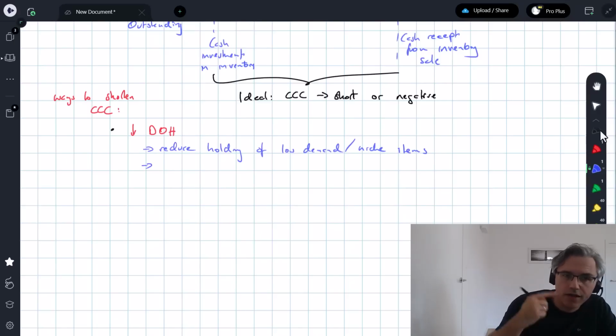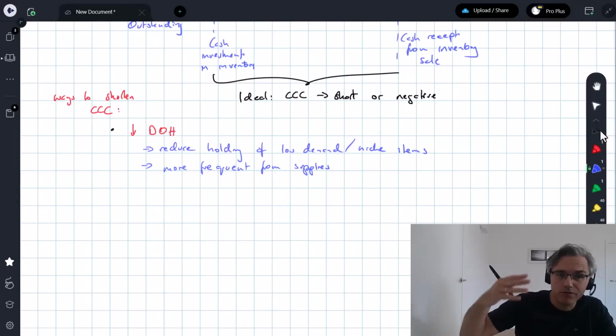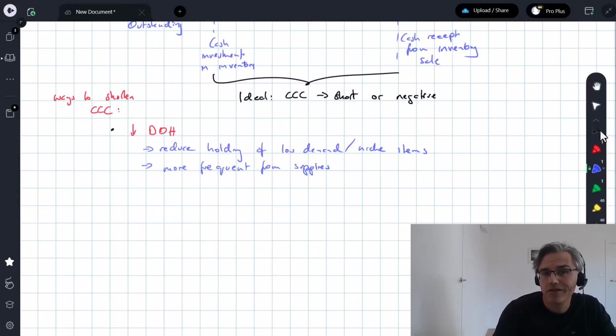Hold stuff that rotates a lot quicker, turns over more quickly. Get more frequent supplies from your suppliers, instead of ordering huge amounts, which then means you've got money frozen up in inventory that sits there for a longer period of time.